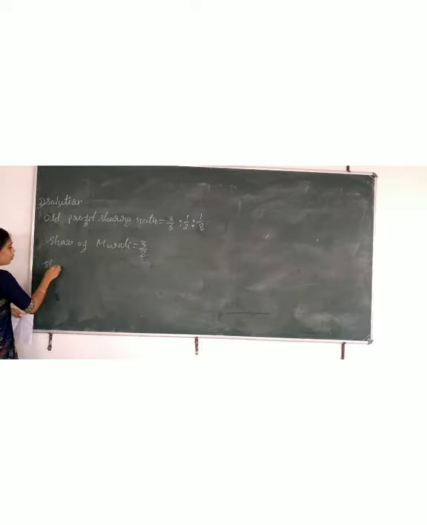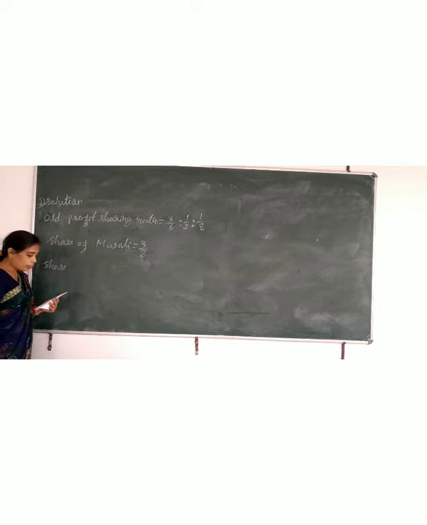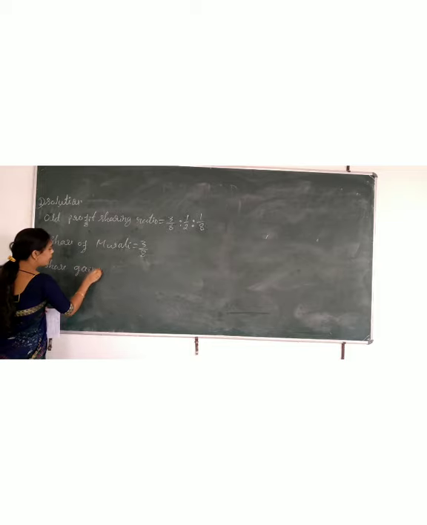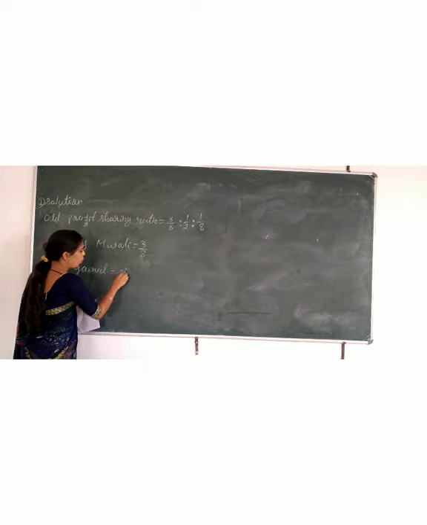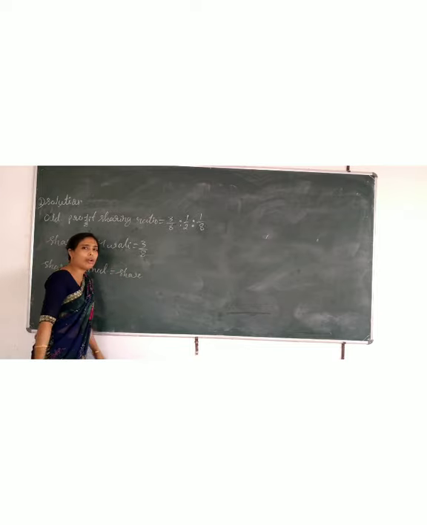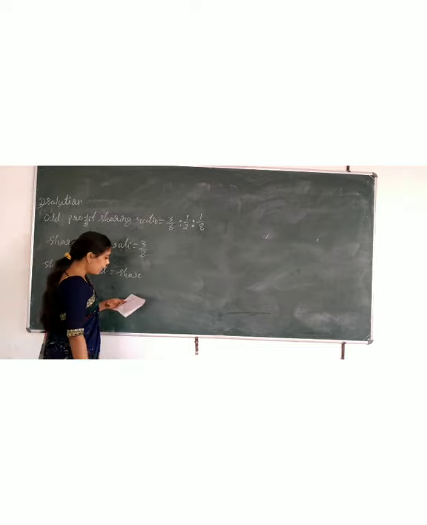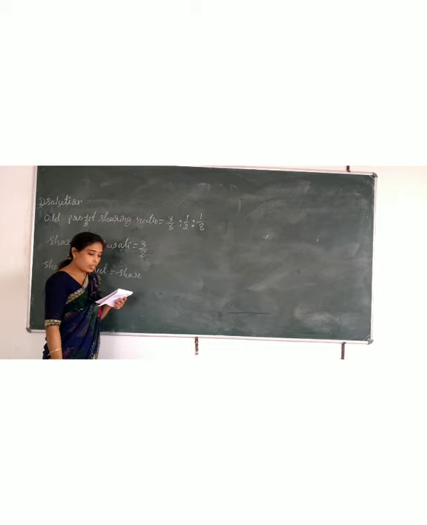Next slide. For that purpose, calculate share gain. Share gain means gain ratio. Share gain is equal to, as you know the formula, share of retiring partner into the share which is surrendered.